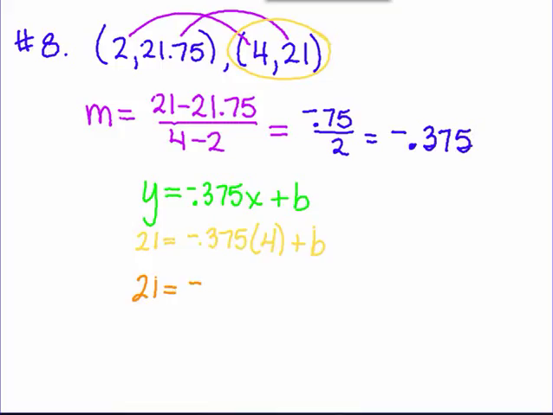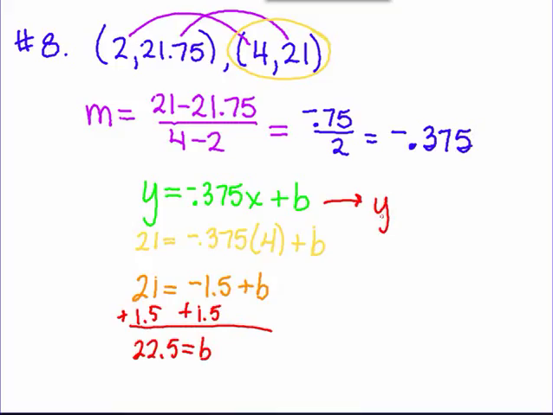Negative 1.5. What do you do now? Add 1.5 to both sides, very good. And so I get 22.5 equals b. So my equation now becomes y equals negative 0.375x plus 22.5. So this is part A.